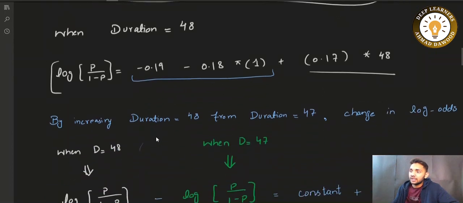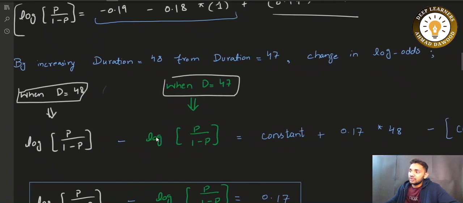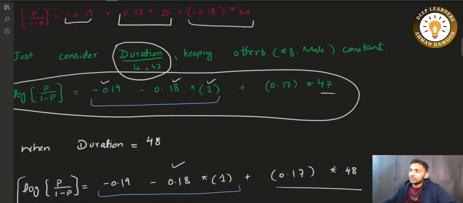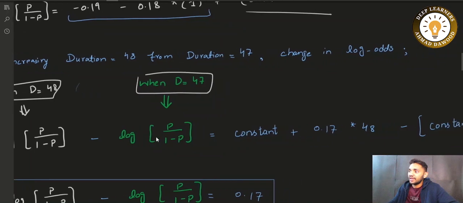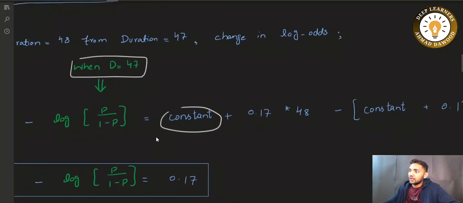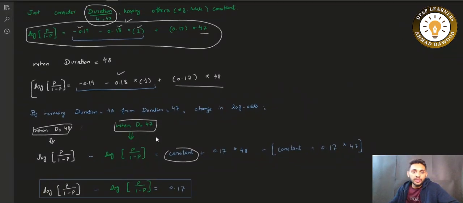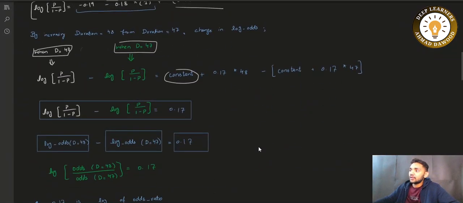You will simply subtract the log of odds when the duration is 47 from the log of odds when the duration is 48. These terms are constant in both cases: minus 0.19 and minus 0.18, plus 0.17 into 48, minus the constant plus 0.17 into 47. Now you have this 0.17 here.